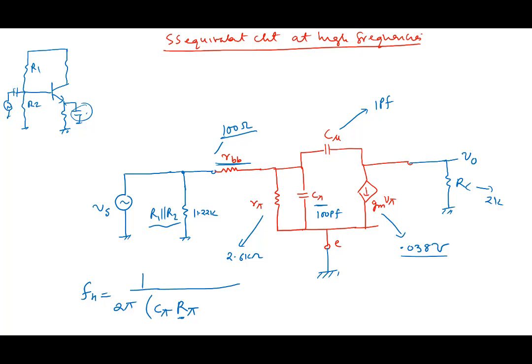Similarly, you find out for C mu the effective resistance seen by C mu. Sum up all the time constants. This is called the open circuit time constant approach.